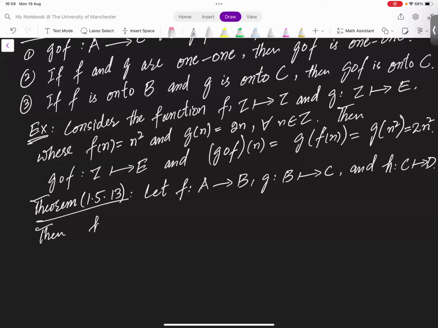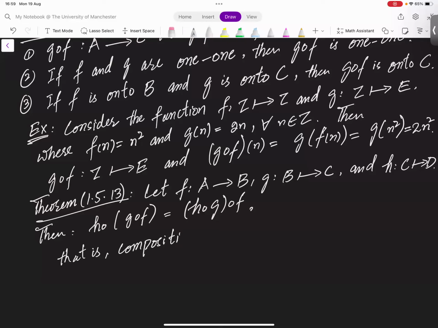Then we can compose these three functions as follows. And this composition operation is associative. That is, composition of functions is associative.